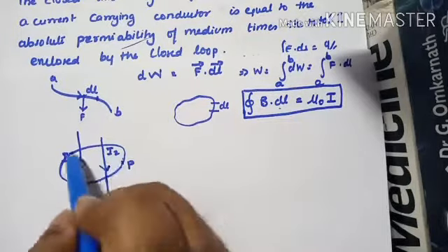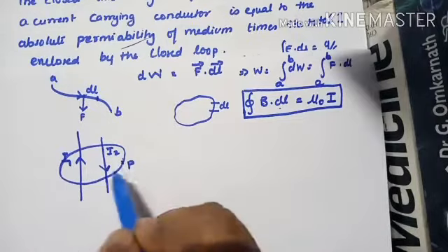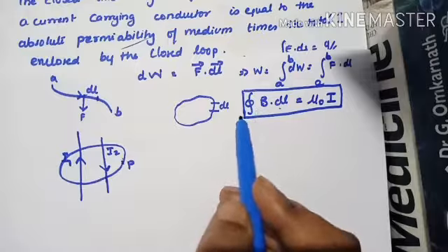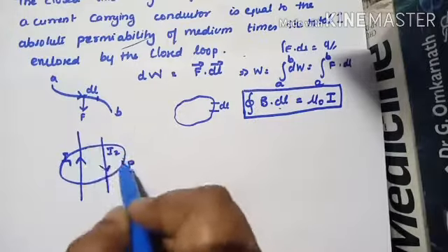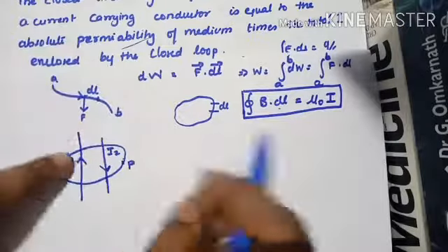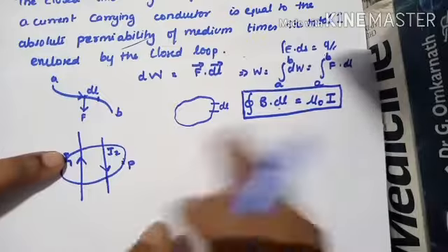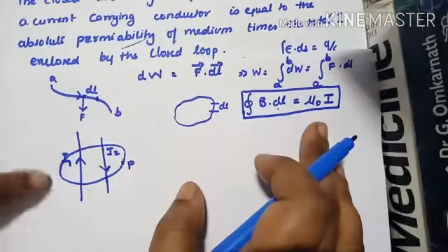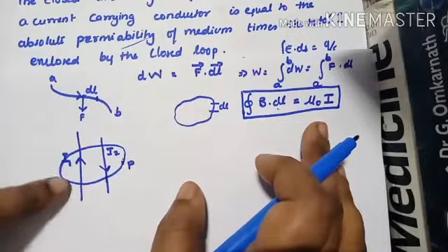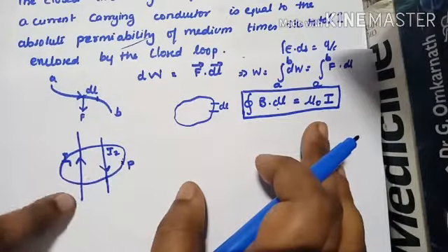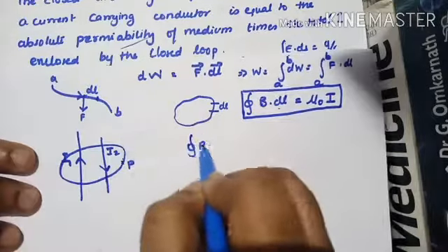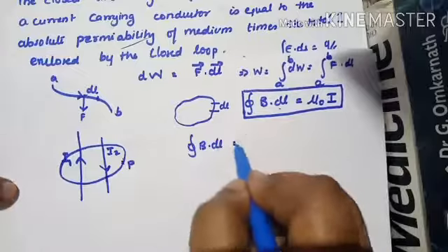After considering the closed loop, the statement is that the closed integral of B dot dl is equal to mu 0 times I. So for this figure, it will be closed integral B dot dl is equal to mu 0.